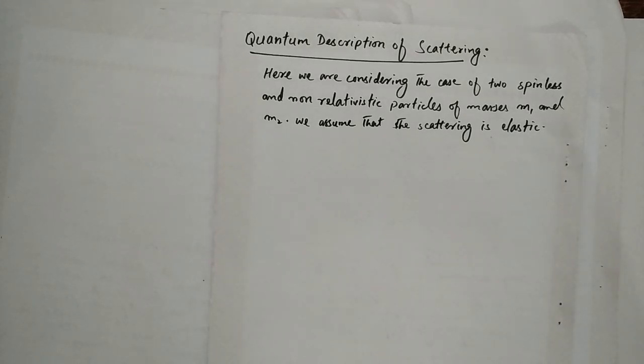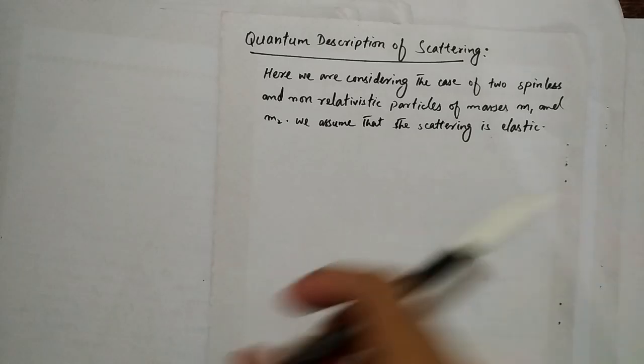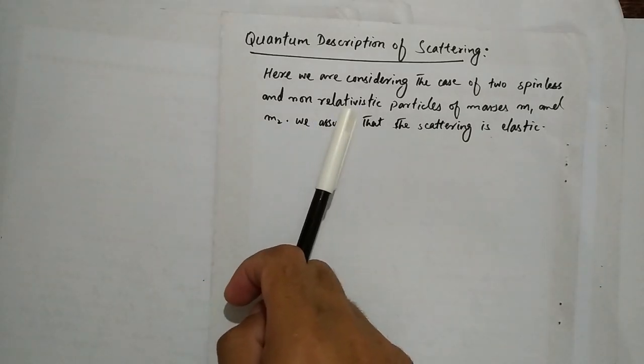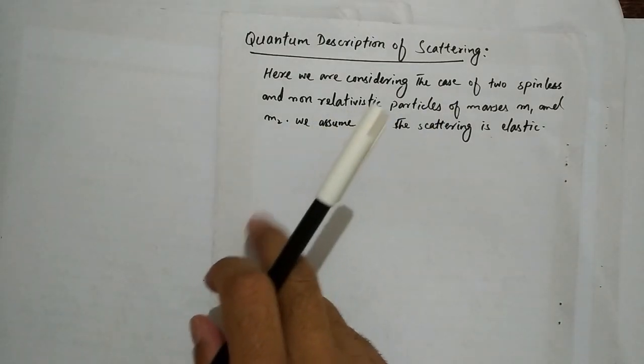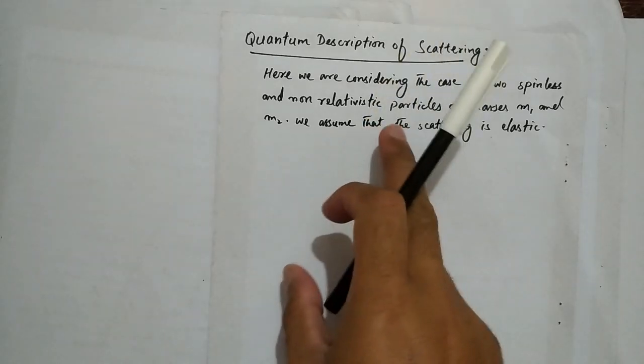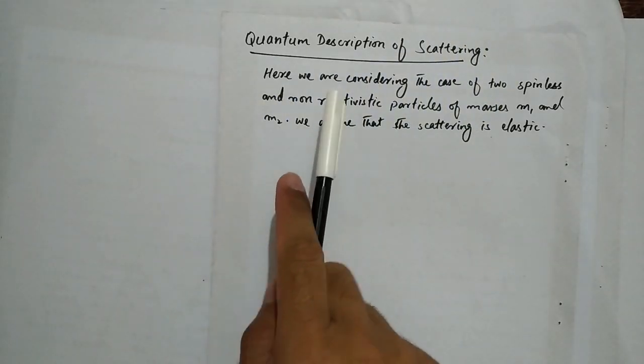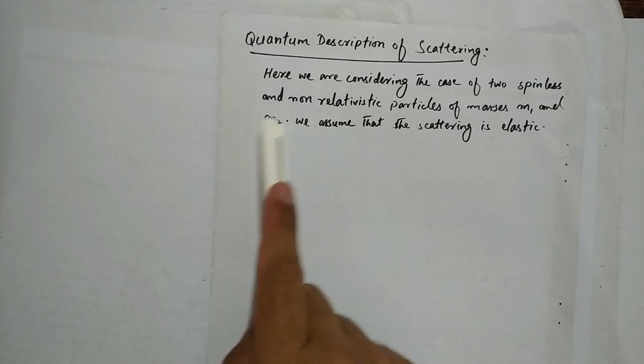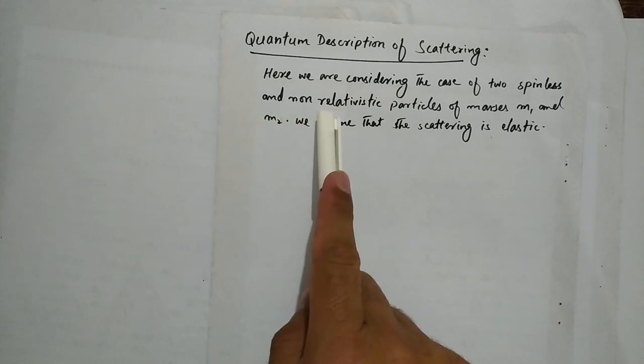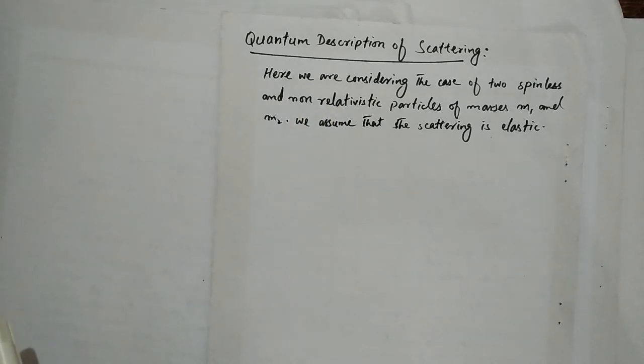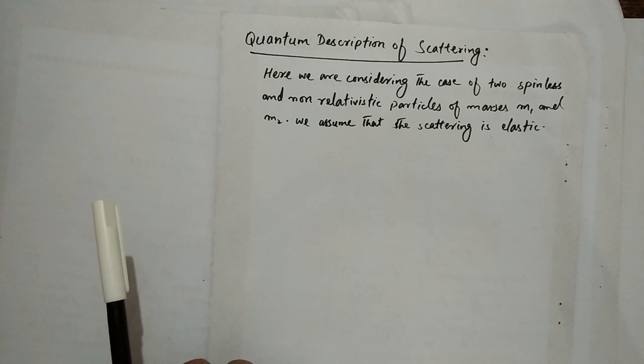Here we assume that the particles are non-relativistic. Whenever we are dealing with the scattering of particles, the particles are non-relativistic. That means that their velocities will be less than c, the speed of light.